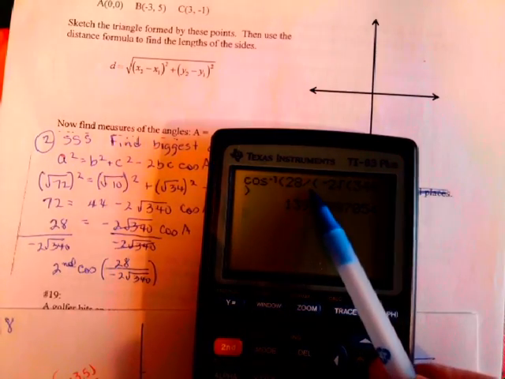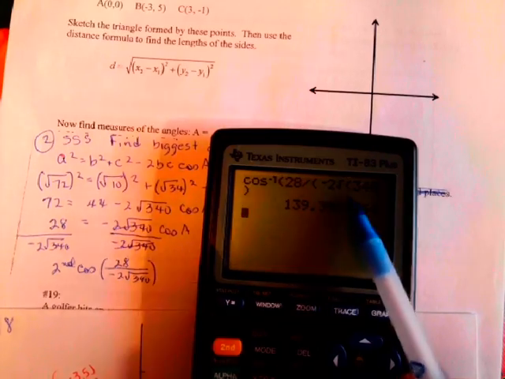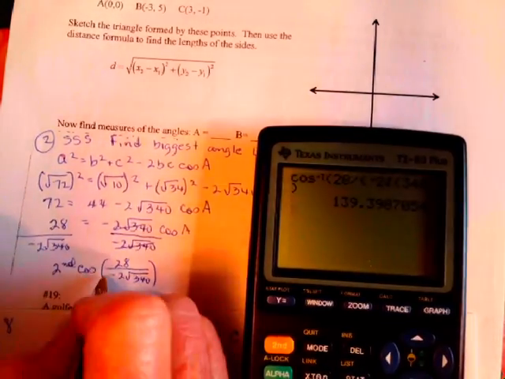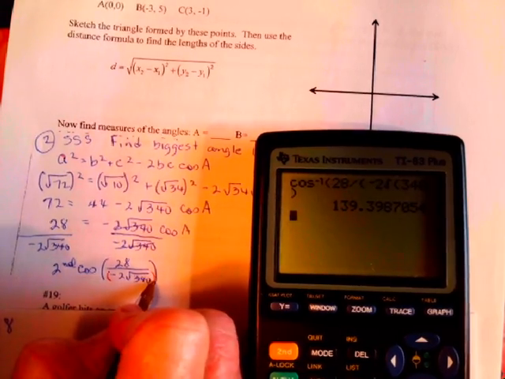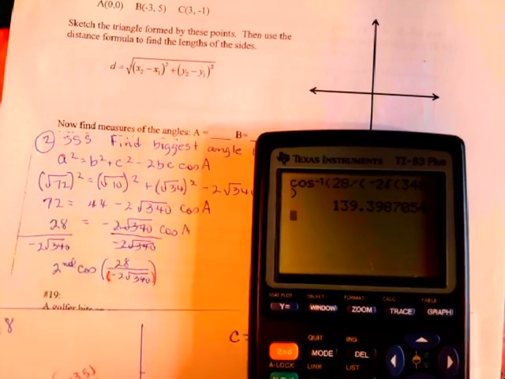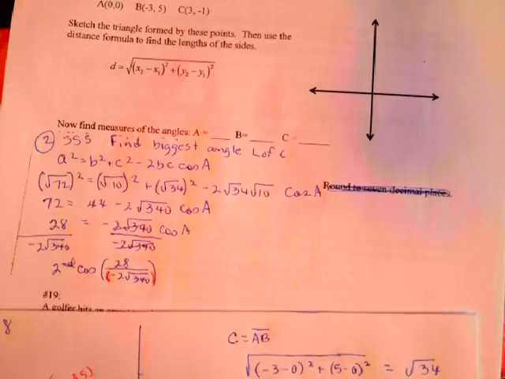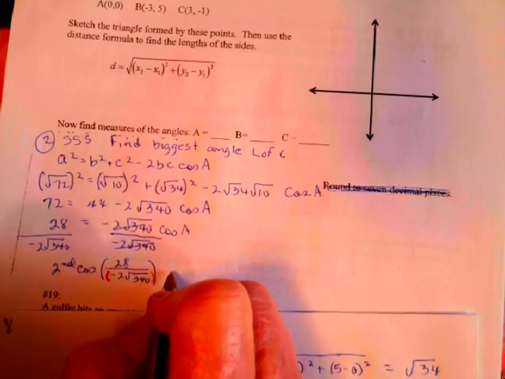It is very important that you put this parenthesis around this denominator. So on your handout or in your notes somewhere, be sure that you do that when you put it in the calculator. Angle A is 139 degrees.